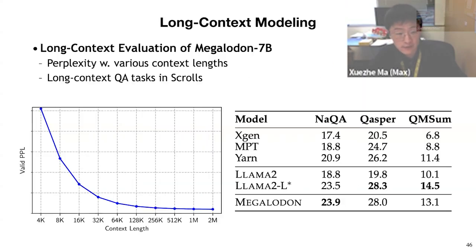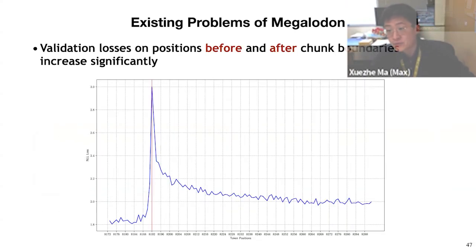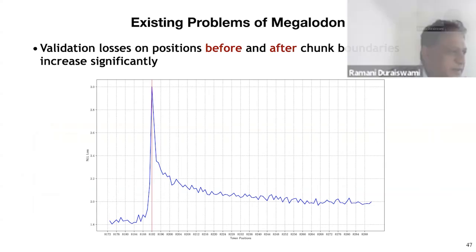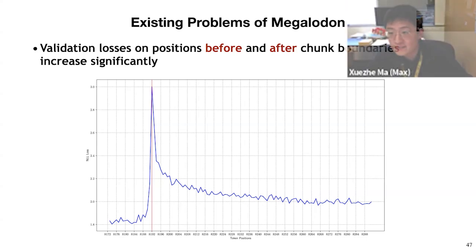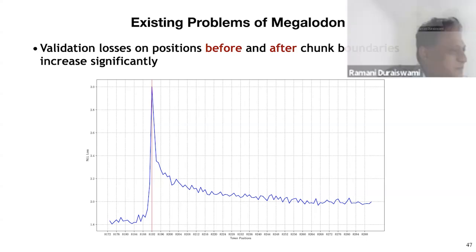Even though the final perplexity is good, we still see some unbalanced distribution of the loss across different positions. So that's one problem. In signal processing, people do things like overlap and add, just sliding window kind of. Yes, I think that's maybe one direction that we can improve. Yeah, thank you.